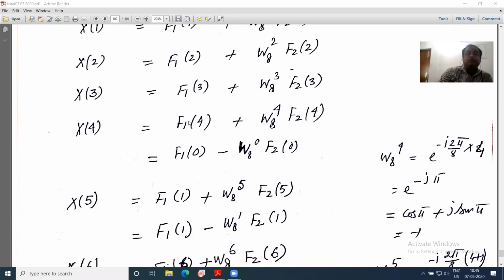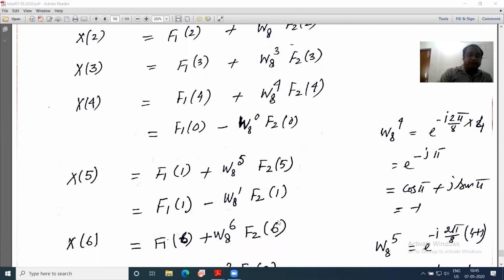F1 of k and F2 of k are 4 point DFTs, and if they are 4 point DFTs, they will be periodic with period 4. So F1 of 4 equals F1 of 0, F1 of 5 equals F1 of 1, and F2 of 5 equals F2 of 1, like that.